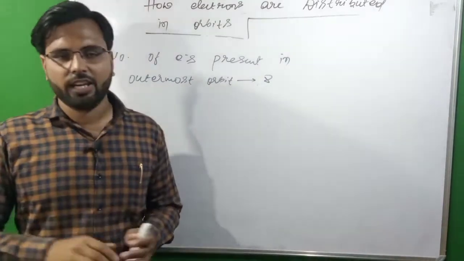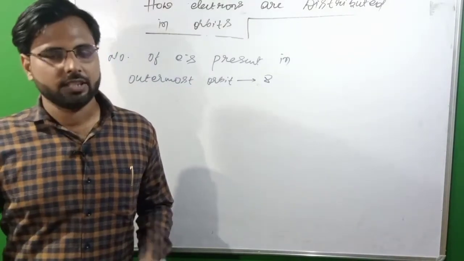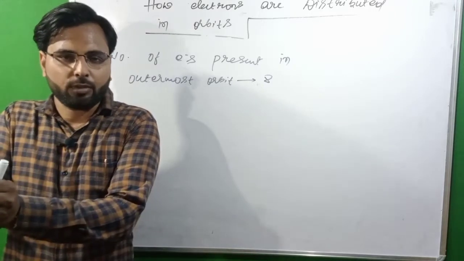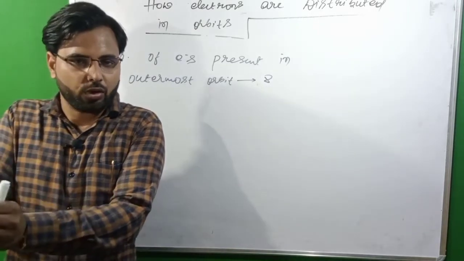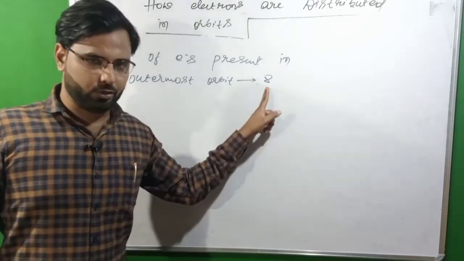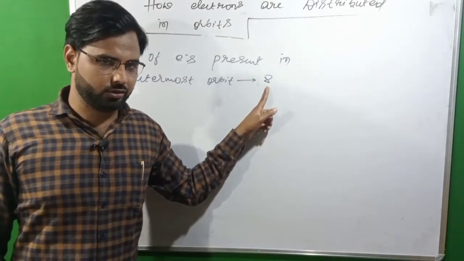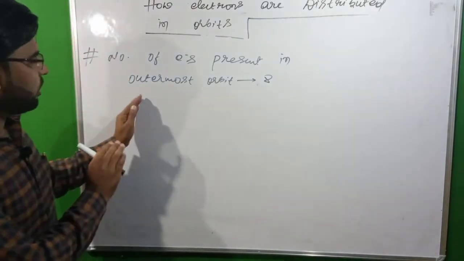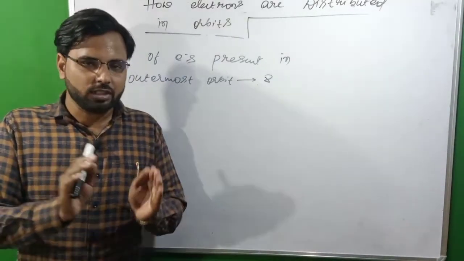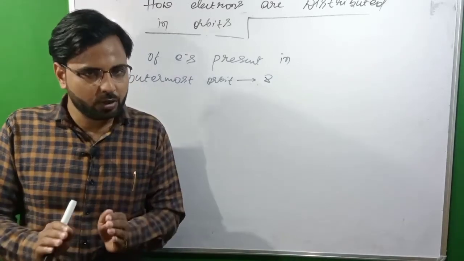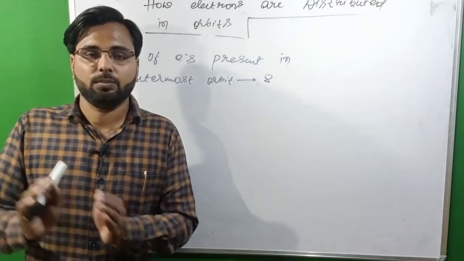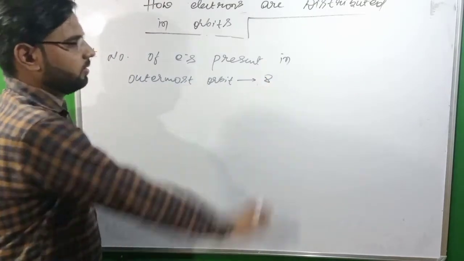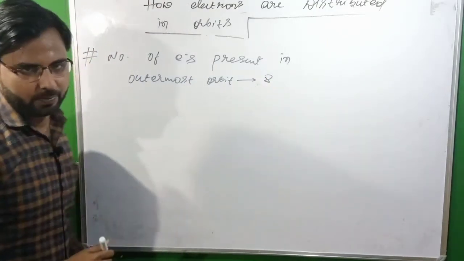Any atom which has n number of orbits, the farthest orbit from the nucleus, or the outermost orbit, has a maximum of 8 electrons. The outermost orbit can have electrons less than 8 or equal to 8, but cannot have more than 8, right?